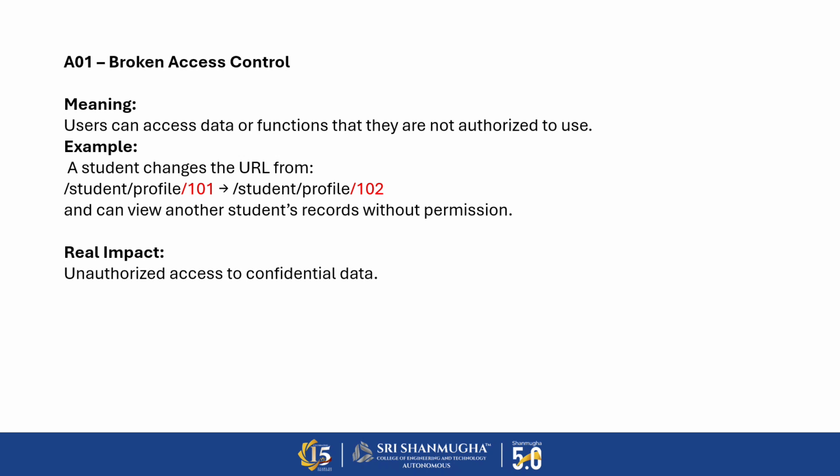For example, students are given the privileges to access their own result using their register number in the URL, student/profile/101, and they try to change the URL to profile/102 and access another user's record without permission. Then it is called broken access control.